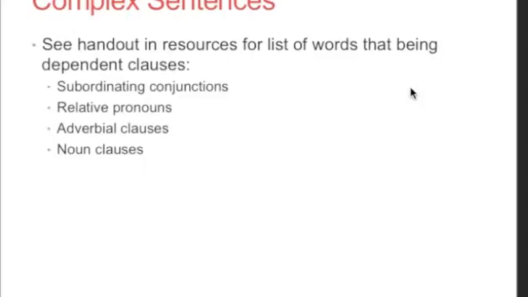So you have many different ways to form a complex sentence. I'm not going to go through all of those different conjunctions and noun clauses and so on and so forth with you. That would be a monumental waste of time. Just look under the resources in our course.